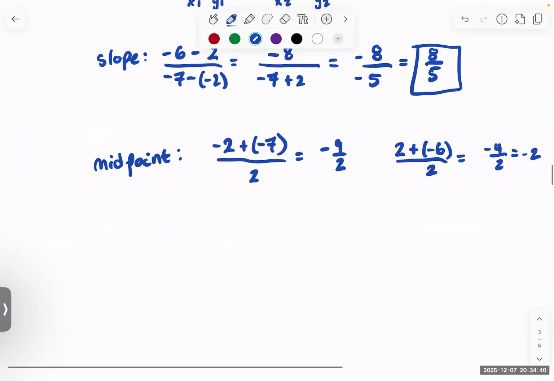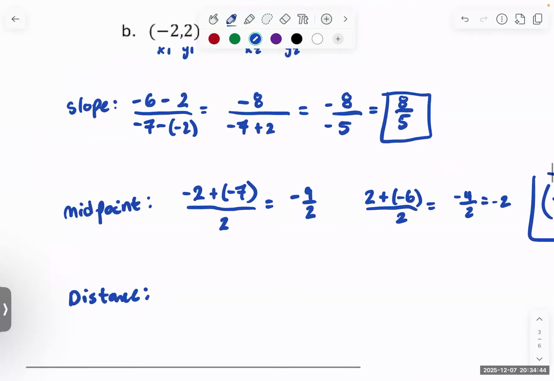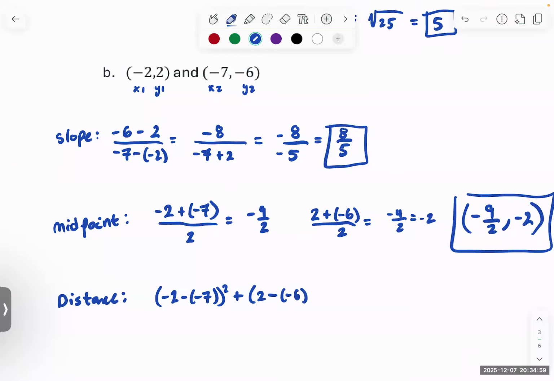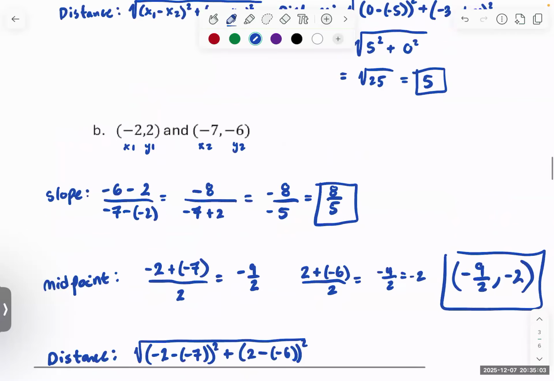And for the distance, it is -2 minus a -7 squared plus 2 minus a -6 squared, all under the square root.